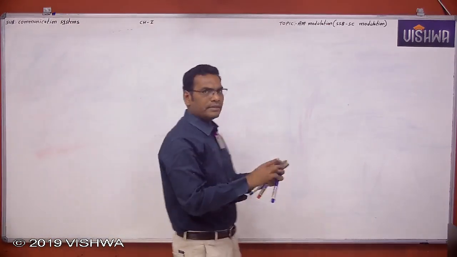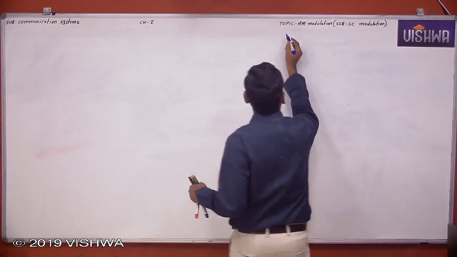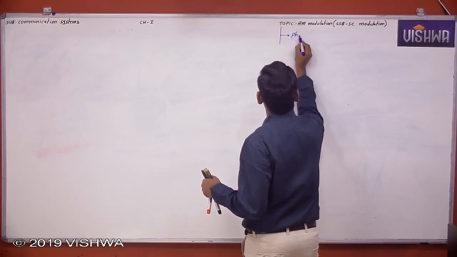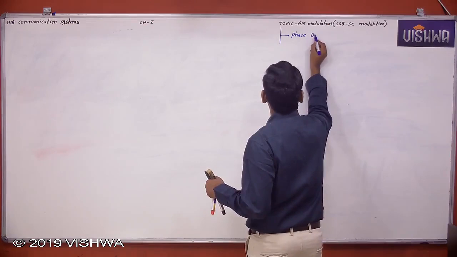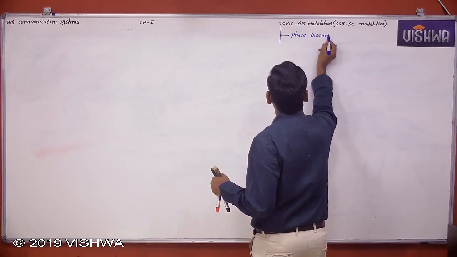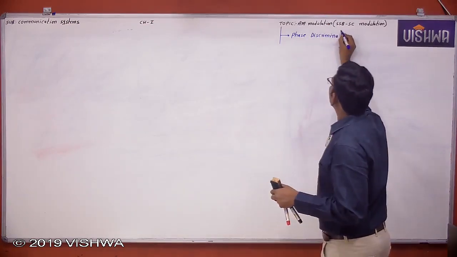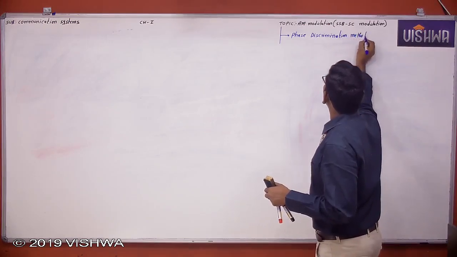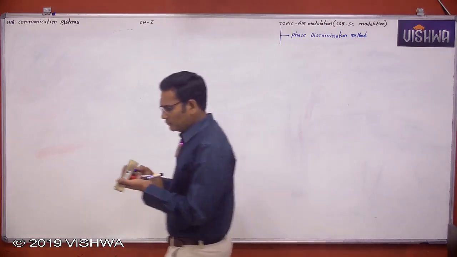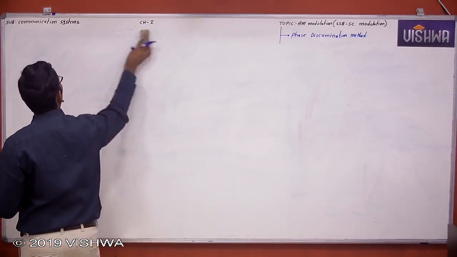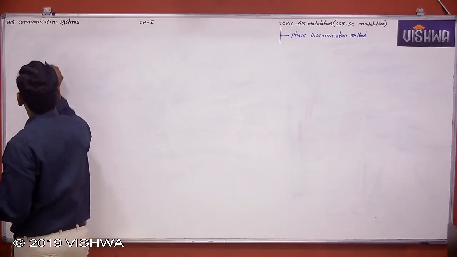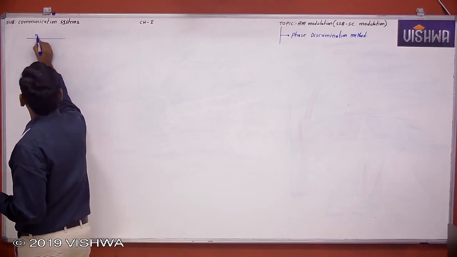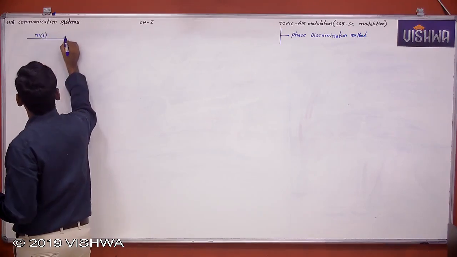Now the second one is the phase discrimination method. Another way to generate an SSB-SC signal is the phase discrimination method. Now this is the message signal.